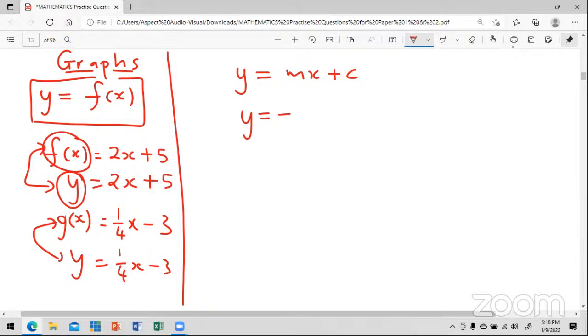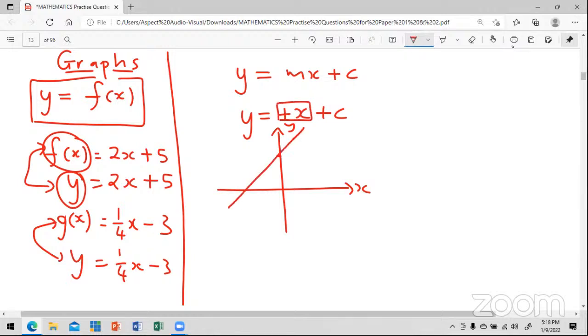So if your x is positive, which we don't write, but I'll just put it to emphasize, and then you've got the c-intercept. It will have a general shape whereby you've got your x and your y-axis. So the y-axis will be cut at a positive 1. Are we following? Somewhere at a positive 1. And your gradient is positive. So your graph would look something like this.